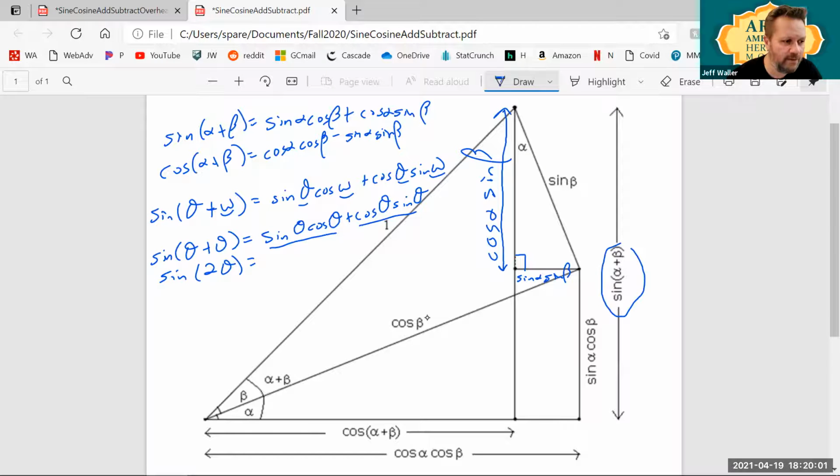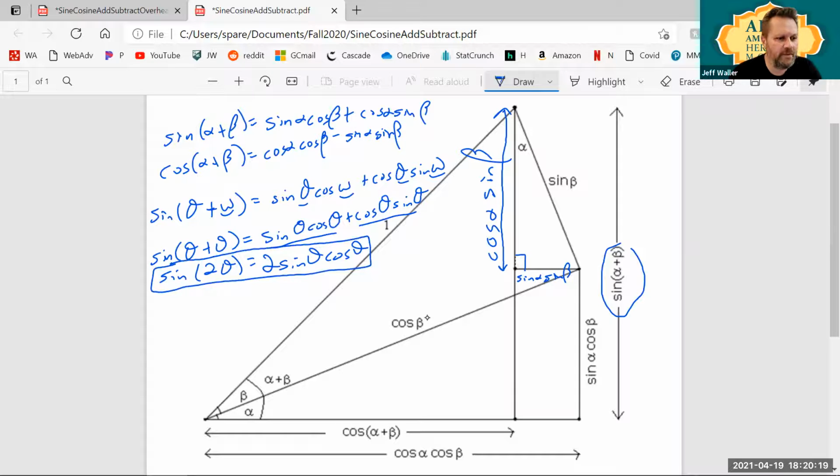Don't I have two of them? That is what we call one of the double angle formulas.